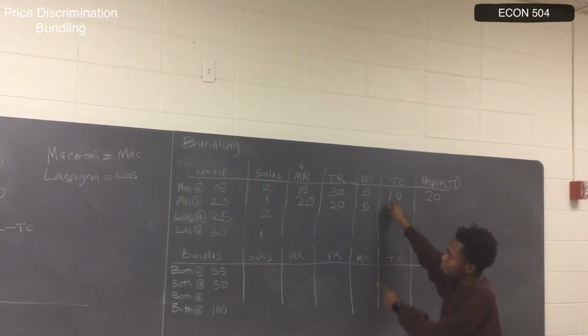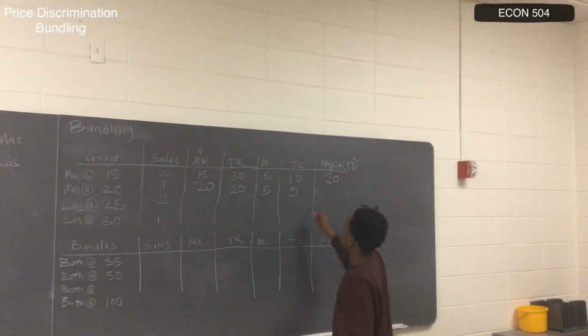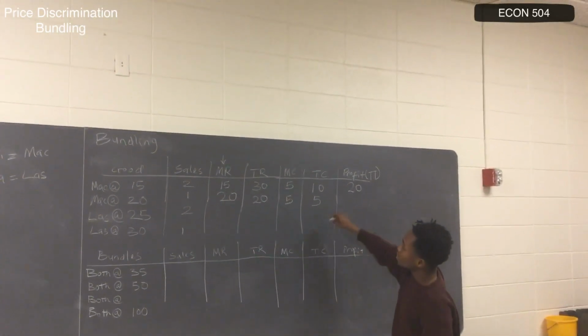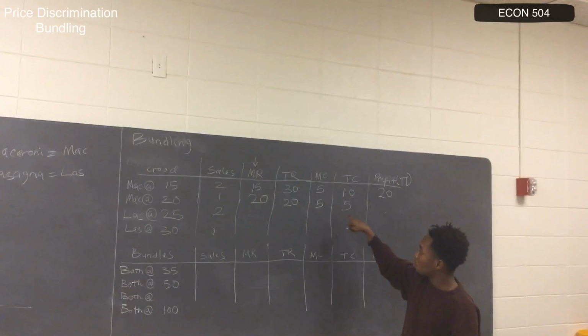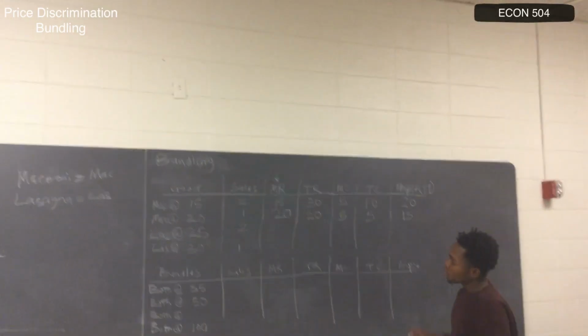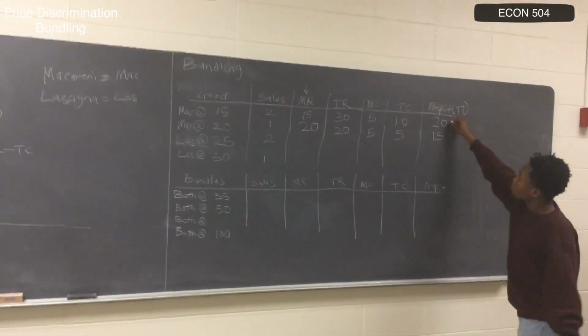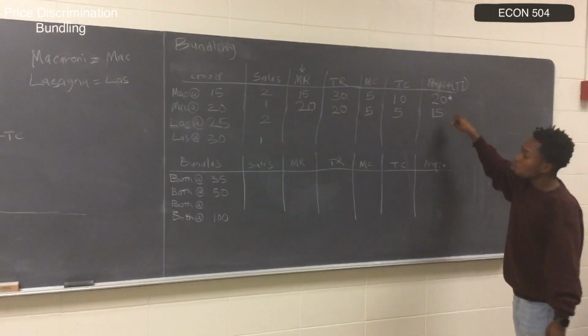My total cost, because I'm selling to only one individual, is also 5. So my profit in this case is what? Total revenue minus total cost. So that's 20 minus 5, that's 15. So in this case, if I sell macaroni to both individuals, I make more profit than selling it to just one individual.